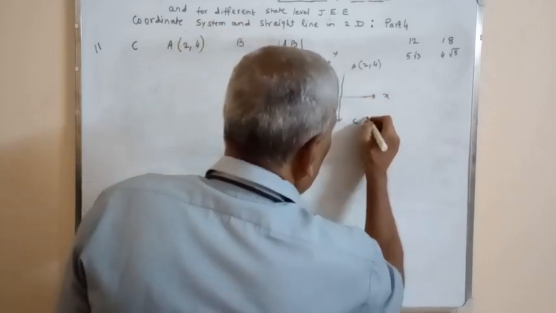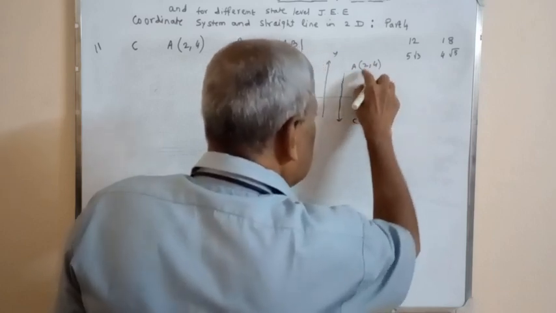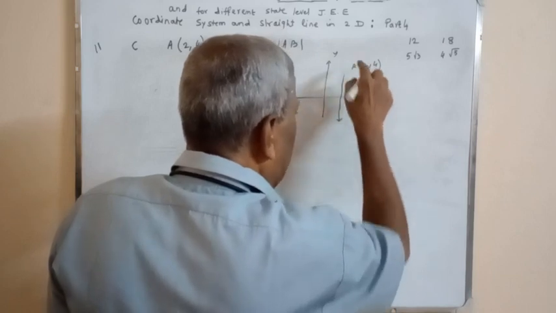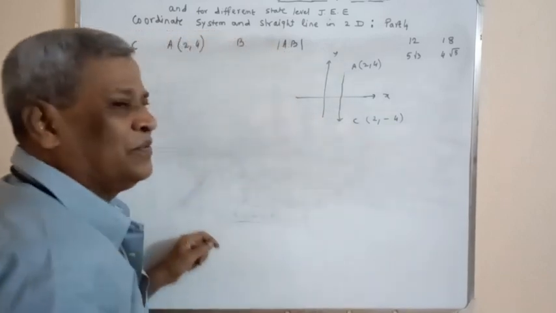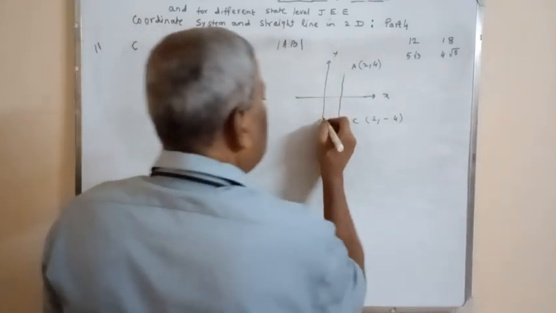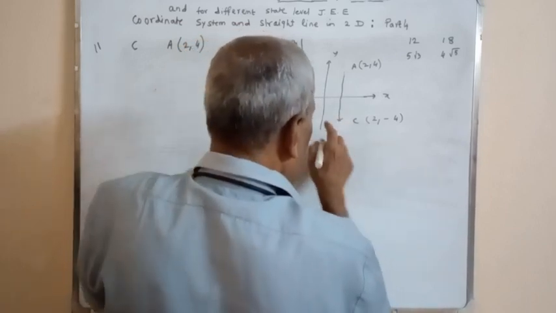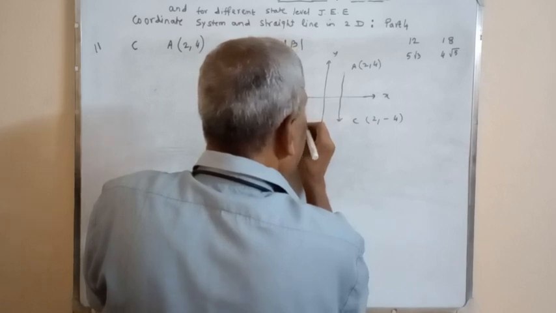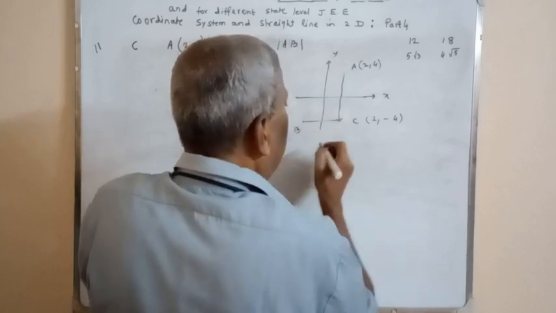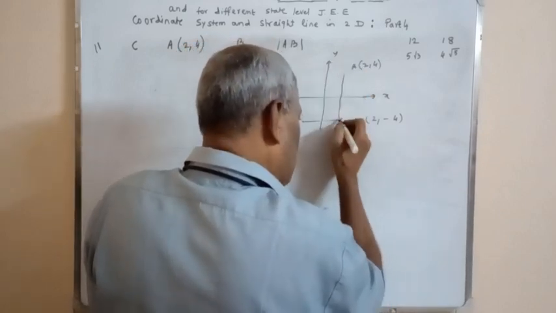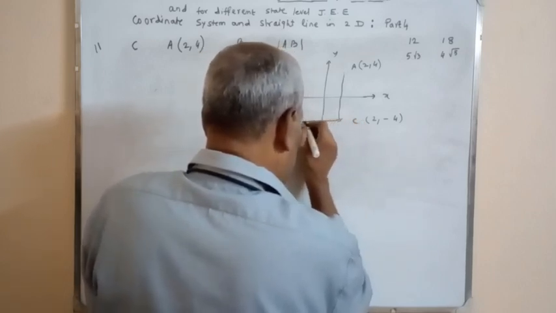That is, this distance is 4 and the x coordinate of that point remains the same as A. So it is (2, -4) because it is on the negative side of y-axis. Now from C, B is the reflection of C with respect to y-axis. Suppose B is there. This is B. Because this perpendicular is drawn on it, this distance must be equal to that distance.